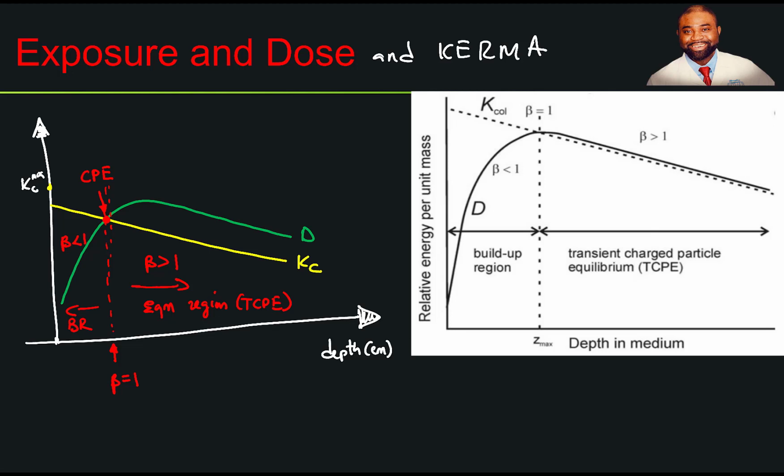But the dose initially builds up, and then after it has attained charged-particle equilibrium, it begins to gradually decrease proportionately with collision KERMA. The behavior of the depth dose curve is strikingly different from collision KERMA because of how radiation interacts with a given medium.